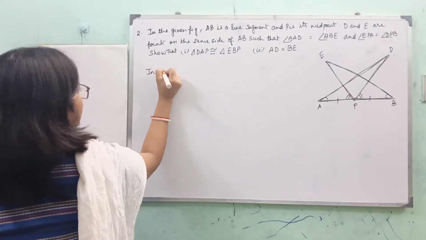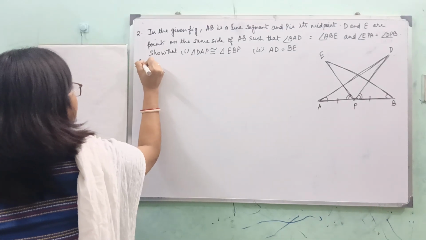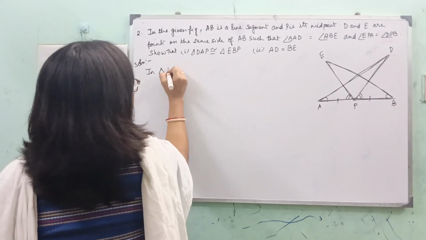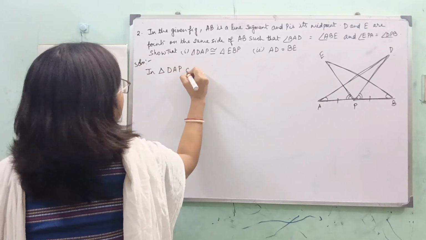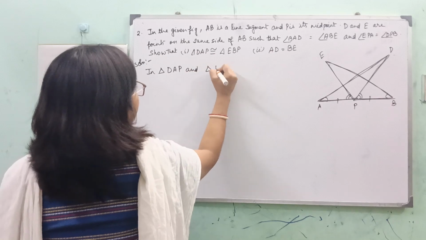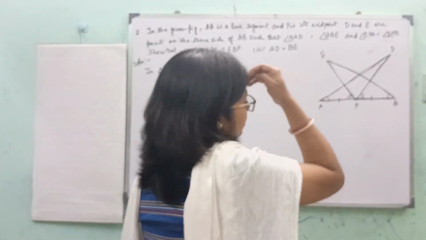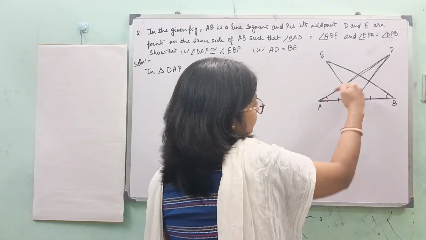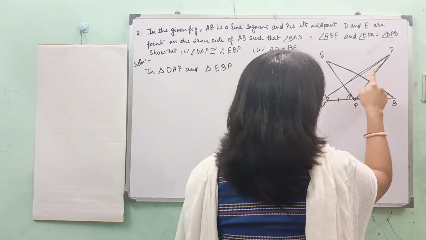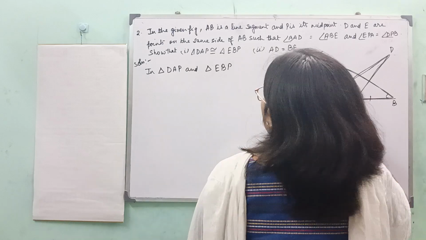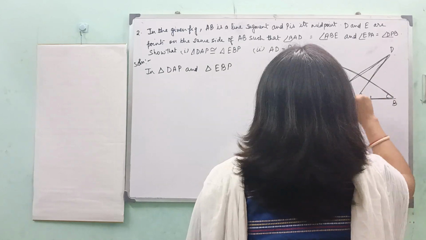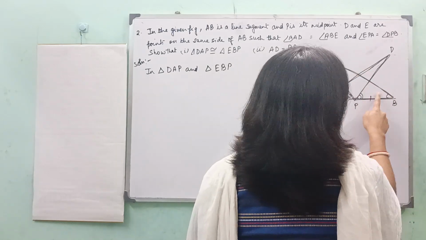So in triangle DAP and triangle EBP, it's quite clear from the figure that for triangles DAP and EBP, these two angles are the same.